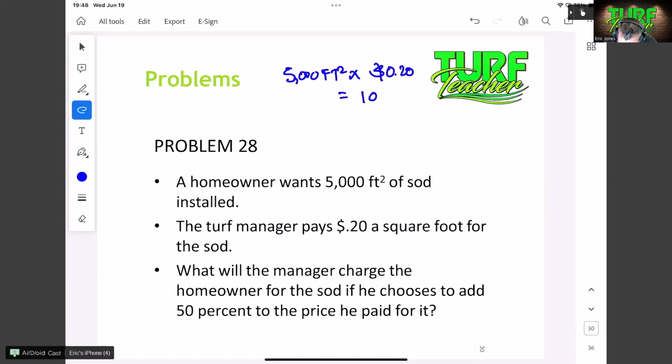It's going to cost $1,000 plus 50%. 1,000 times 50% is $500. So charging them $1,500.